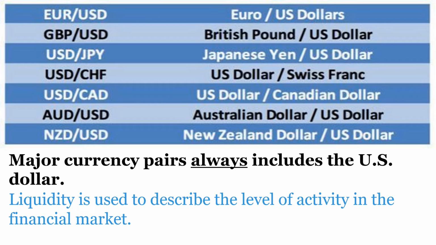So when, let's say, the pound to the US dollar is being bought and sold a lot, it is said to be very liquid. The more frequently traded something is, the higher its liquidity. The word liquidity is very important in Forex, and we'll come back to it again and again in future lessons.